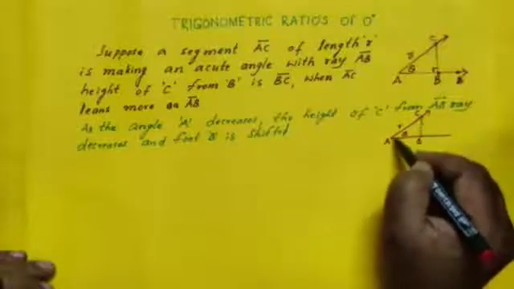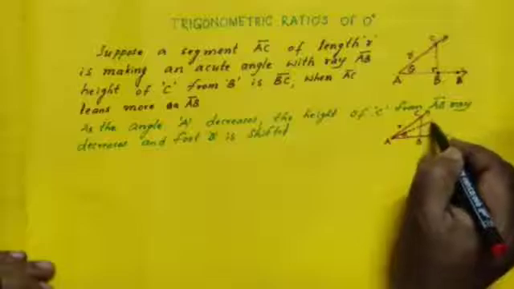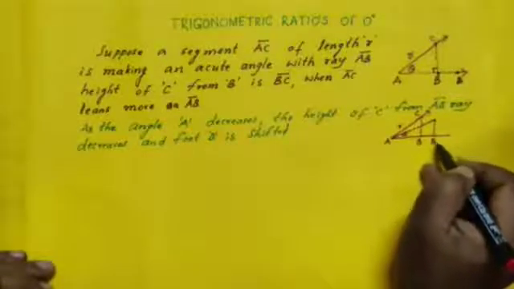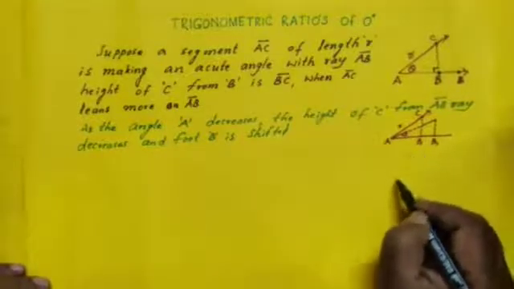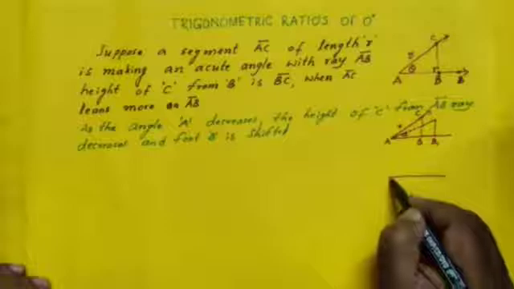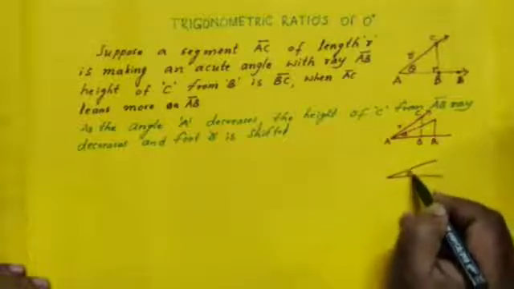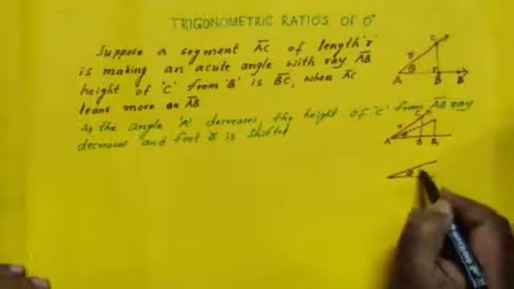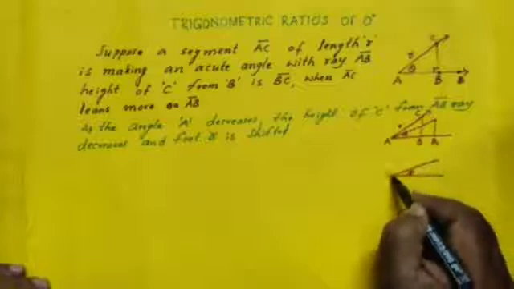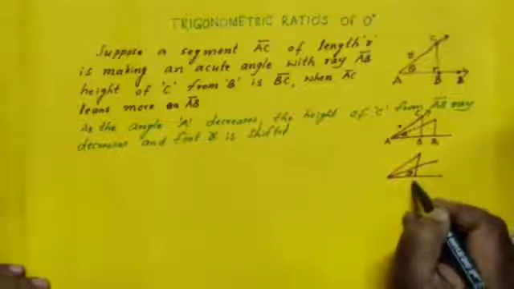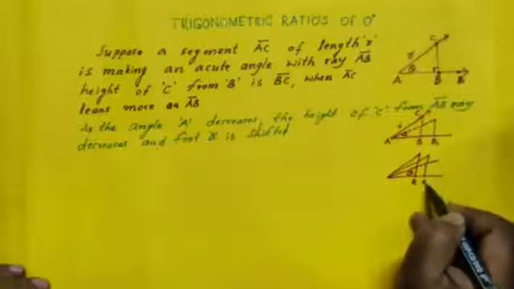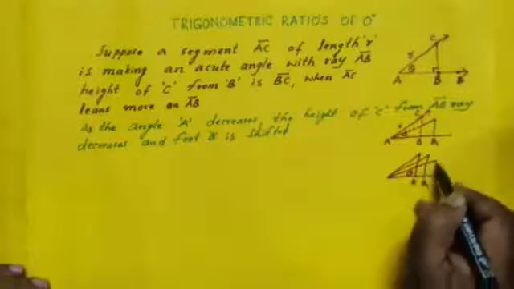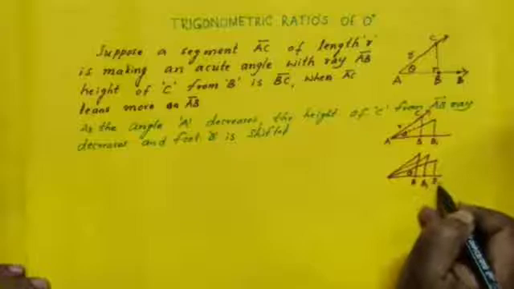When it decreases, it is shifted from B to B1. Again, if it becomes lesser and lesser, before this it was B, next it is B1, and when it decreases again it goes to B2.